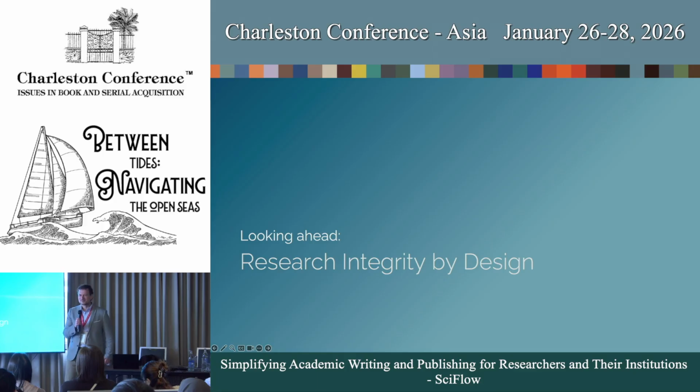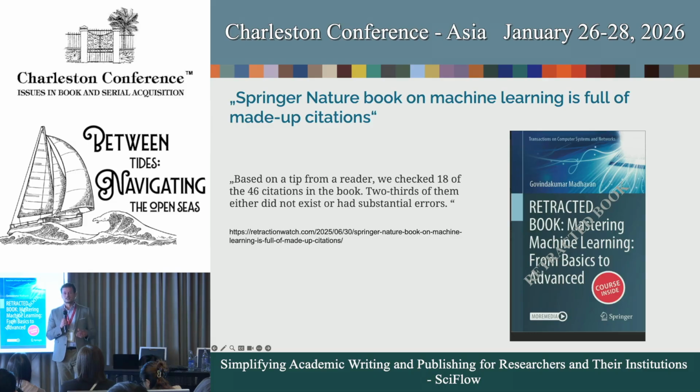All right, the second new thing I would like to talk about, what happened in SciFlow, is research integrity. As you know, over the last years there have been issues, especially with the retraction of books and journals. This was a book from Springer that has been retracted because huge parts of the references were either false or fabricated.